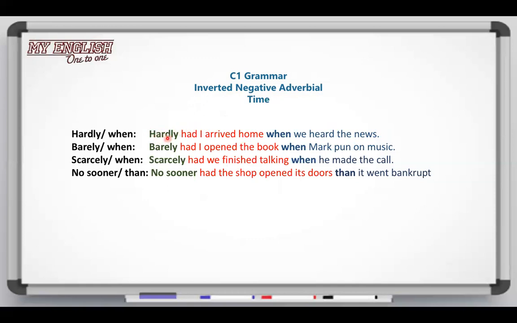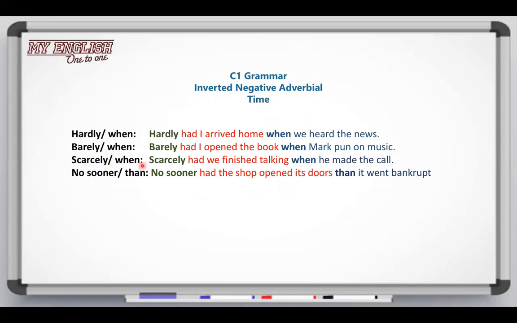Here we have the adverbial, but it's separated or split with a when. And in here we have the inversion of the sentence. Had I arrived home? Barely when? Barely had I opened the book when Mark put on music.